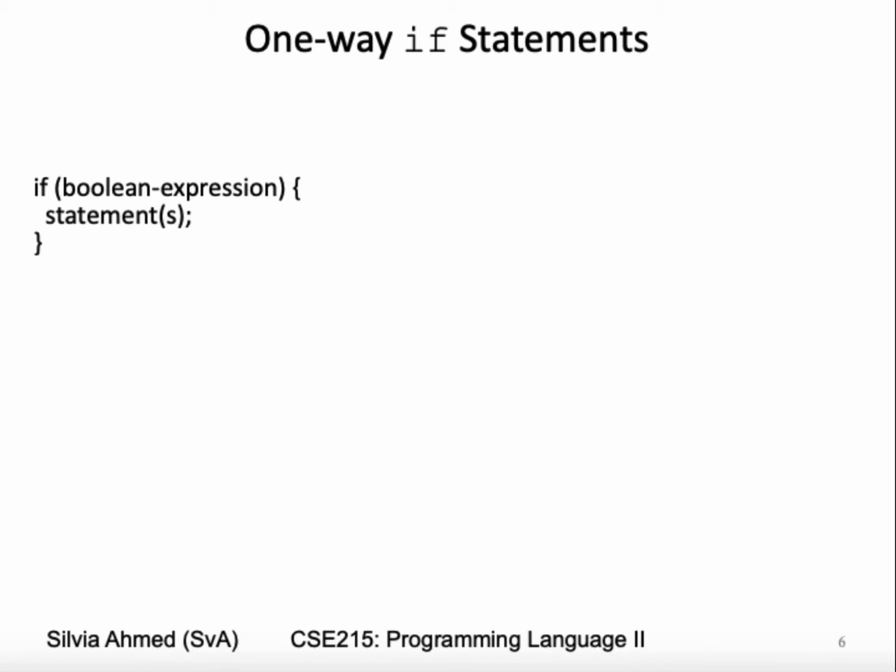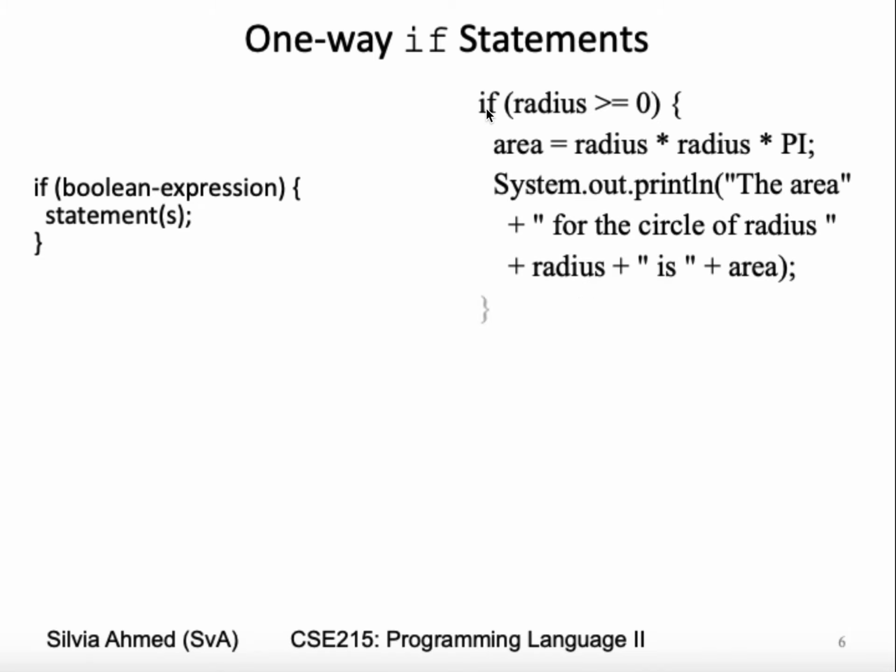So with this, if we now look at our problem of negative radius, what can we do? We can compare if the value of radius is greater than or equal to 0. That means we are comparing if our radius is 0 or positive. If it's true, then inside the block we are calculating the area and finally we are outputting our result.